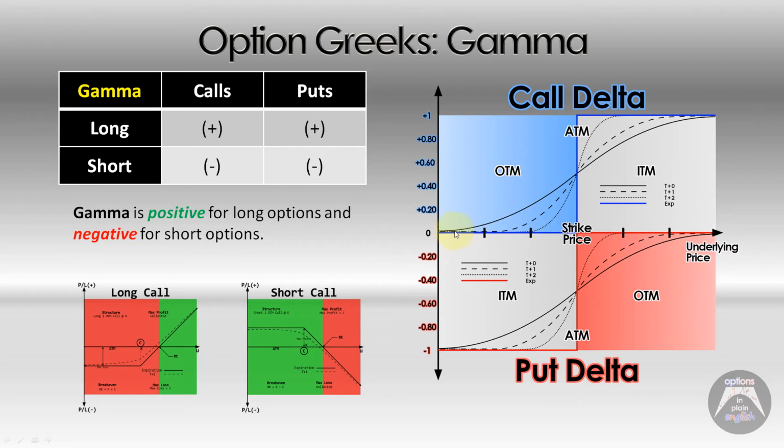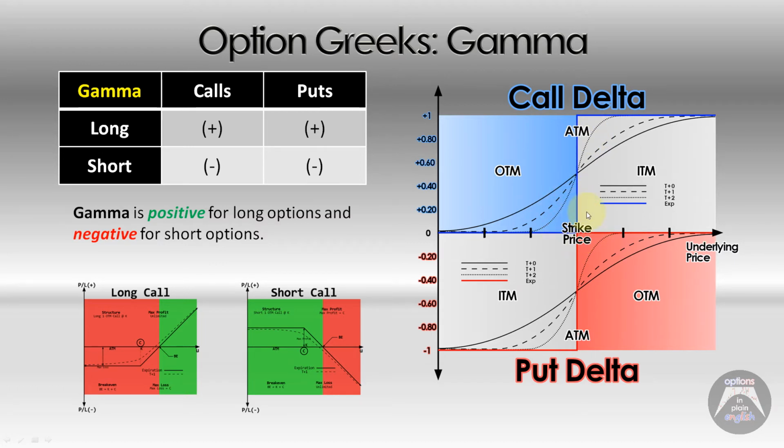So prior to expiration, these are the curves as time starts passing, and as the price starts moving in your favor, you can see how the delta keeps going higher and higher and higher in your favor. Okay, when there's very little time, what you're going to notice is that if you're here at the money or near the at the money and you have very little time to go, the delta could switch from, let's say, 20 to 80 with a very small move of the underlying.